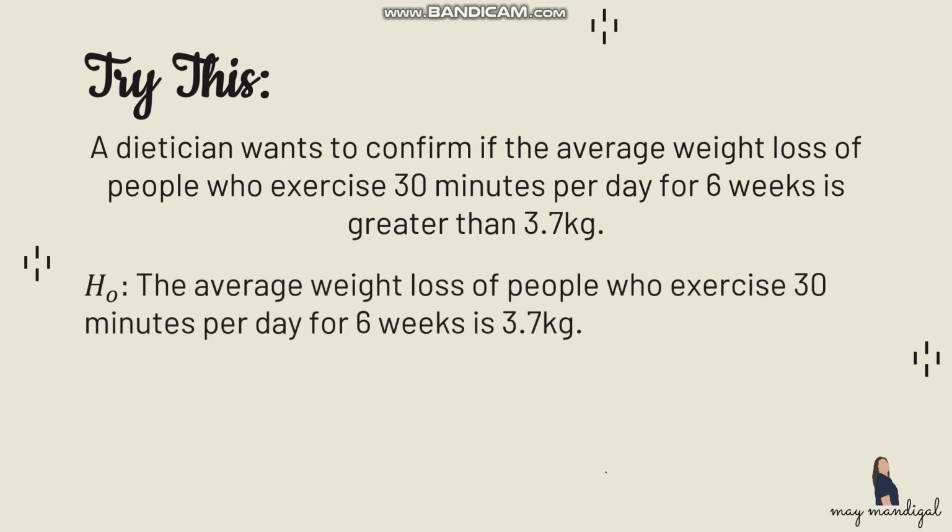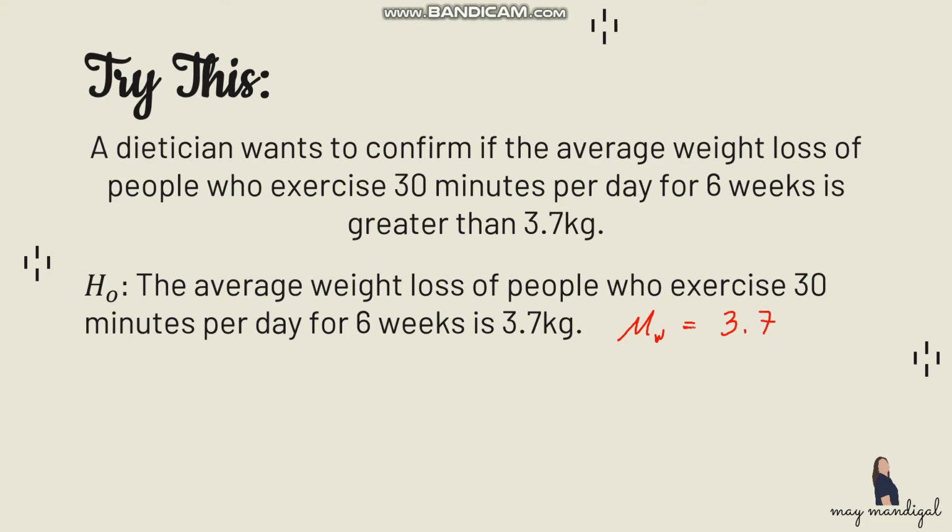So we will write: the average weight loss of people who exercise 30 minutes per day for 6 weeks is 3.7 kilograms. In symbols, the average weight loss is equal to 3.7.